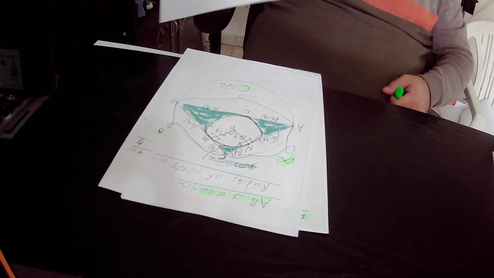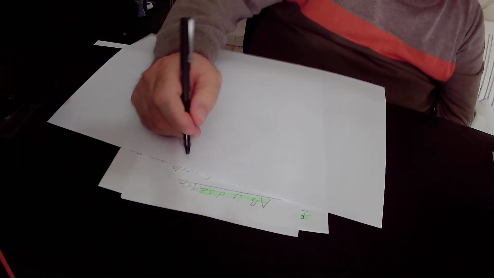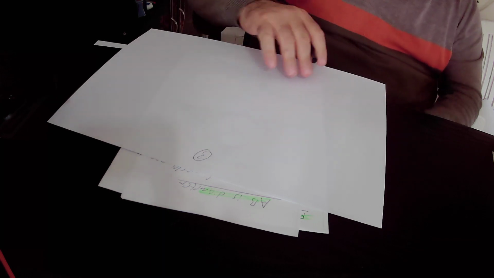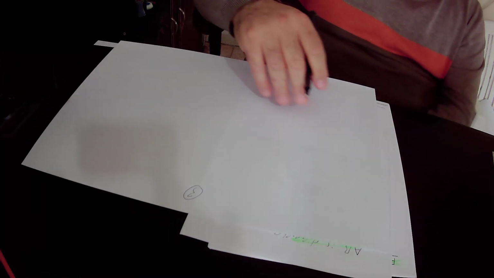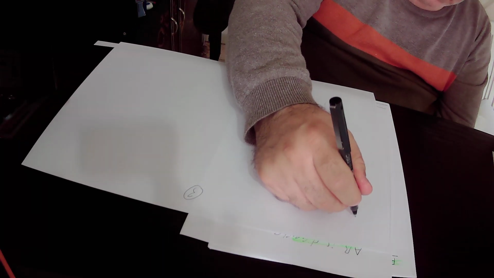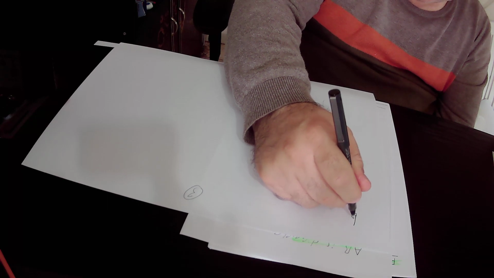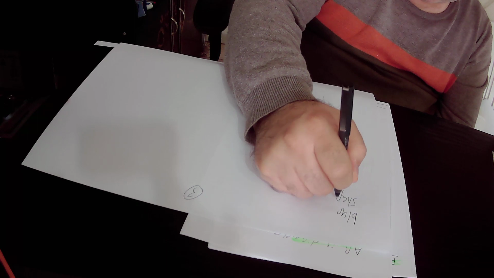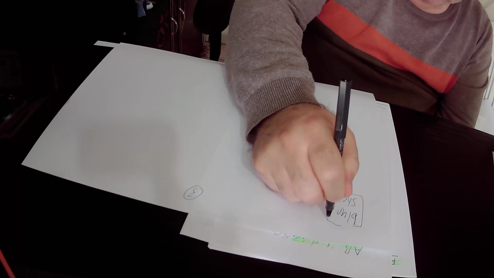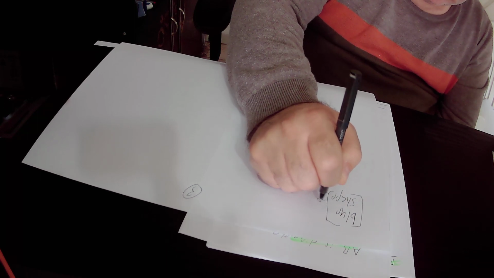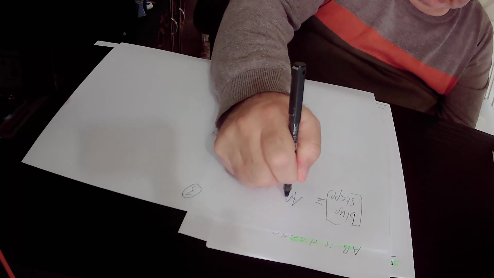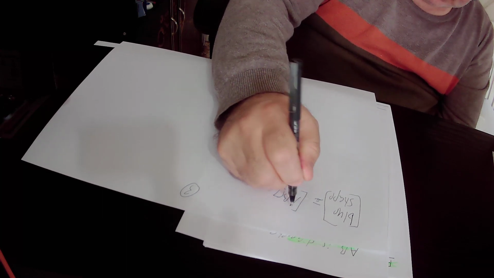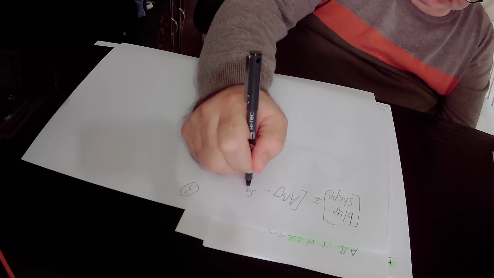The area of the blue shape equals the area of triangle ABC minus the area of the small circle.